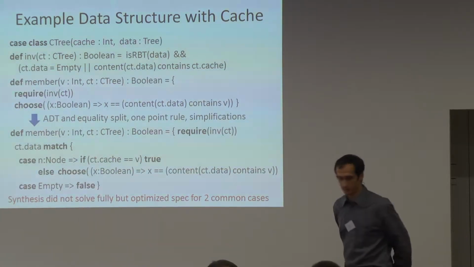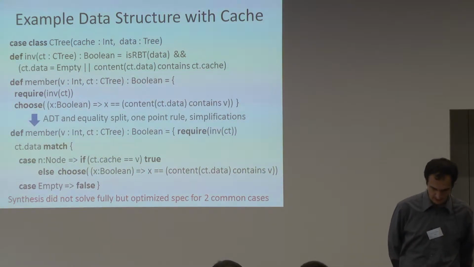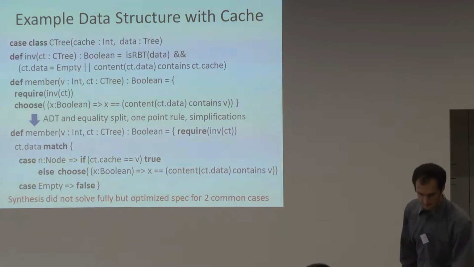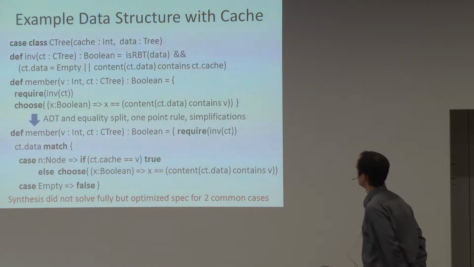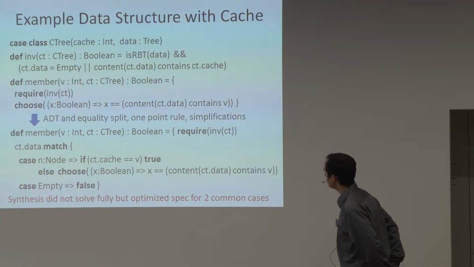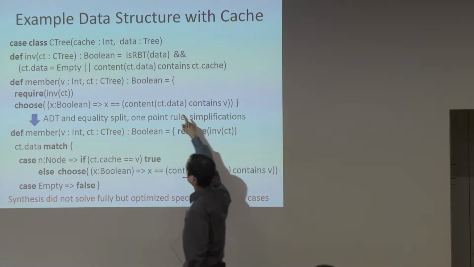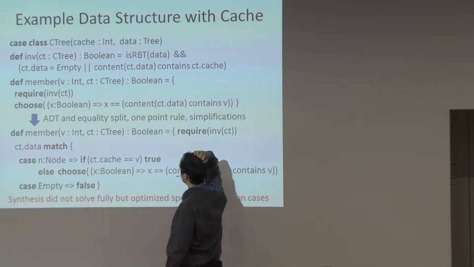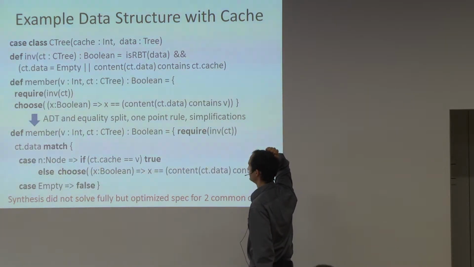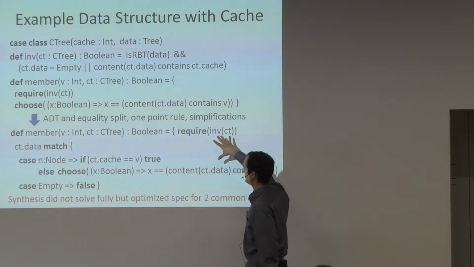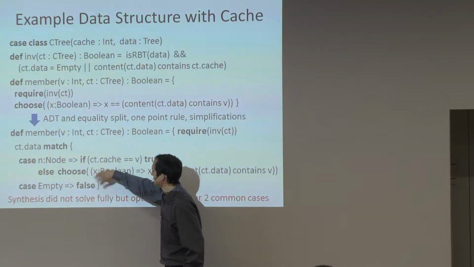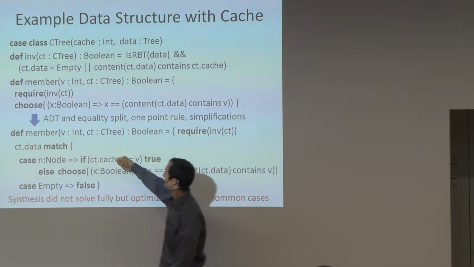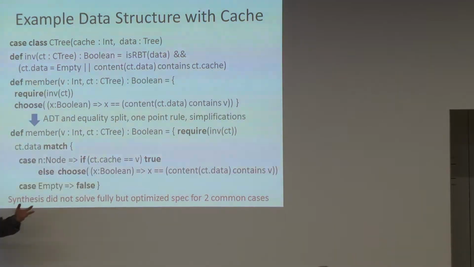So here's one simple example that shows how this can be useful. It's one of the last things I will mention here. It's the case where we are synthesizing a data structure with a cache, and we would like to come up with a member function that is checking whether a given element is inside the data structure. The proof rules that we have will generate a case split in order to generate code that checks whether the given value is already in the cache.